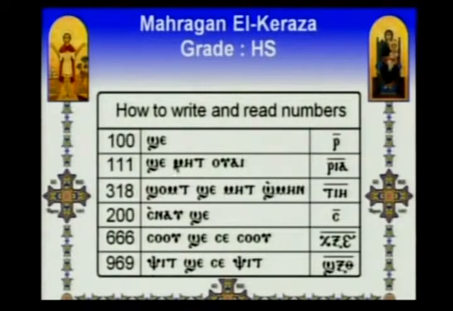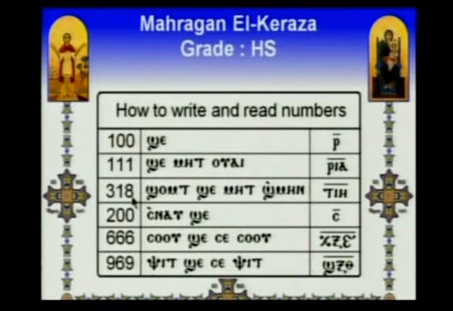100 is she. And you notice here 100 is written in 3 digits with the new system. In the manuscript it will be one letter. The she is a row, and that's it. Here 111 would be she meet uy.